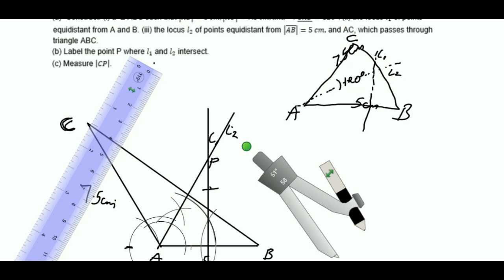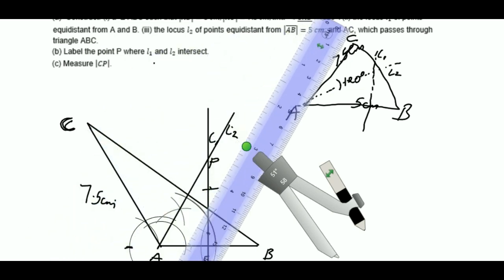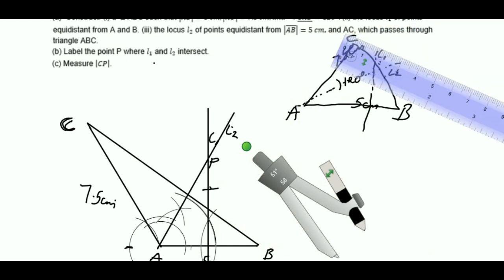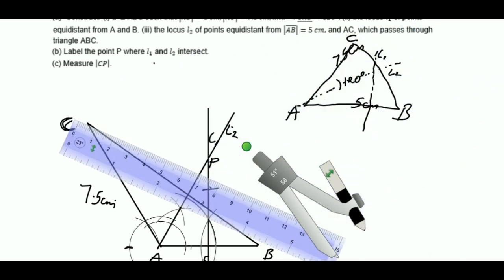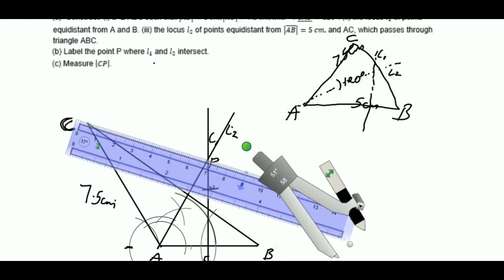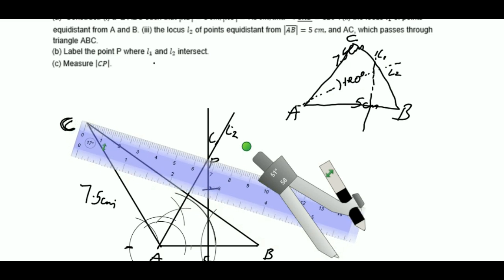Measure CP. So you have that, CP, let's measure that. Let me rotate my ruler to the other side, bring it right here. This is C. Let it hinge on C, then you bring it to this side. Okay, I have it.